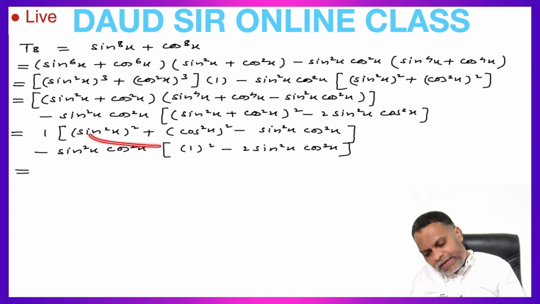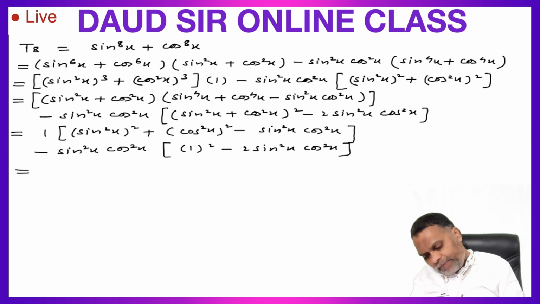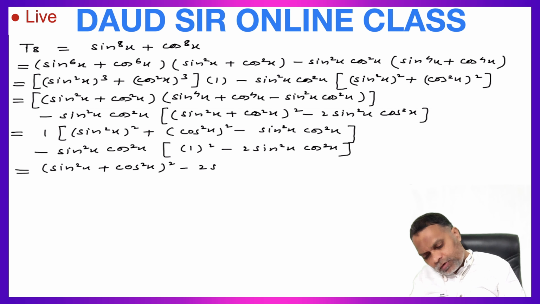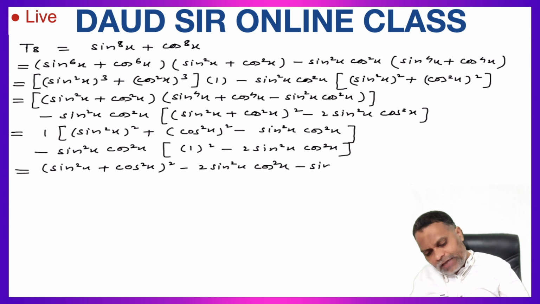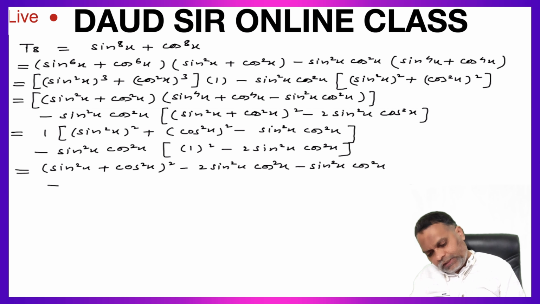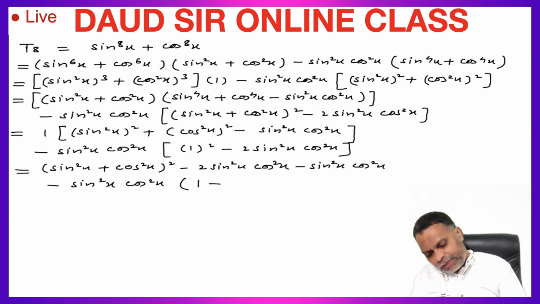Here again we can apply a square plus b square identity, so a plus b, sin square x plus cos square x whole square minus 2ab, so 2 sin square x into cos square x, into this minus sin square x cos square x as it is, minus sin square x into cos square x, and this minus sin square x into cos square x, in this bracket 1 square, 1 minus 2 sin square x cos square x.